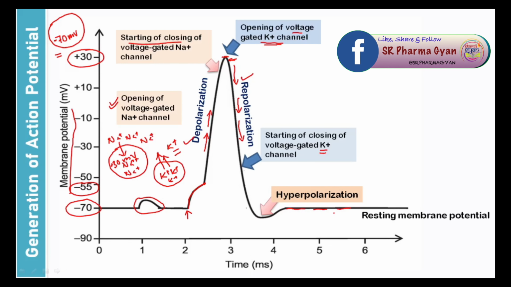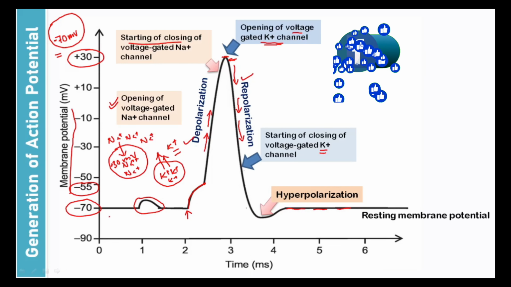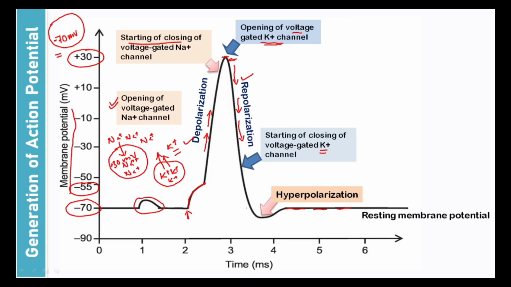In a nutshell, when a stimulus is coming, and due to the stimulus the membrane potential goes to minus 55 millivolt, which is the threshold point, then what will happen?